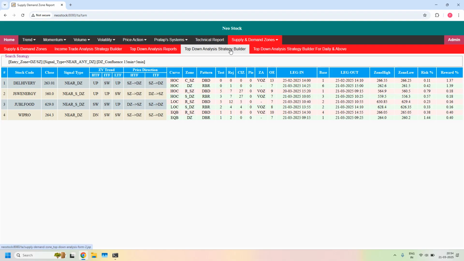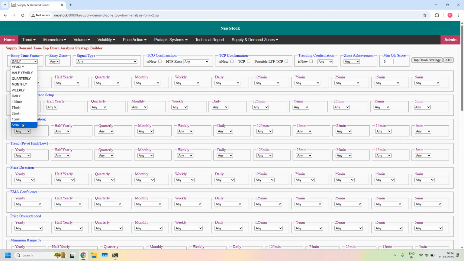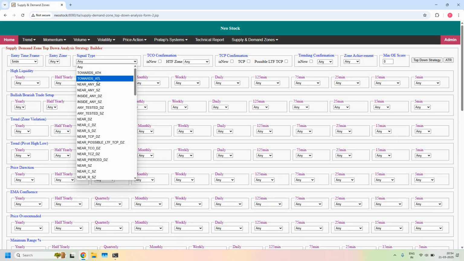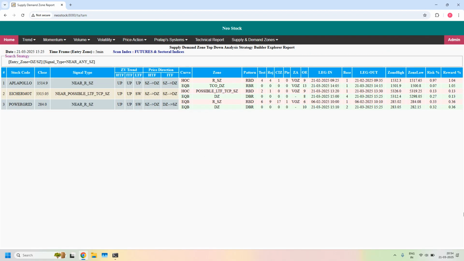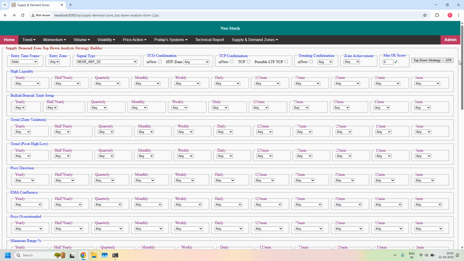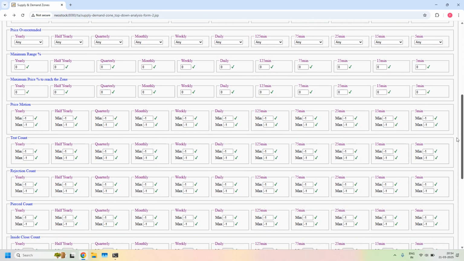Okay, next, 5 minutes time frame, stocks near 5 minutes supply zone. We got 3 stocks. Out of these 3, how many of these 5 minute supply zones are having 15 minute supply zone confluence? Let us find. That is ITF supply zone confluence.